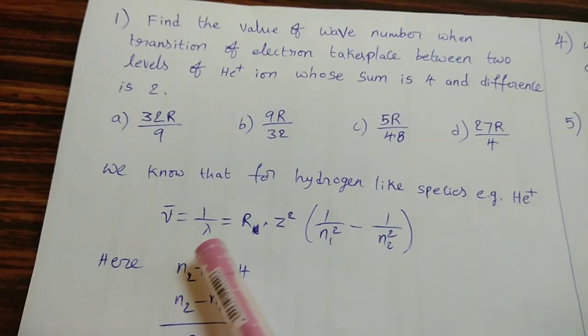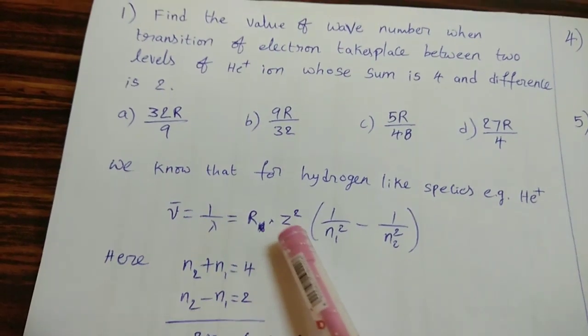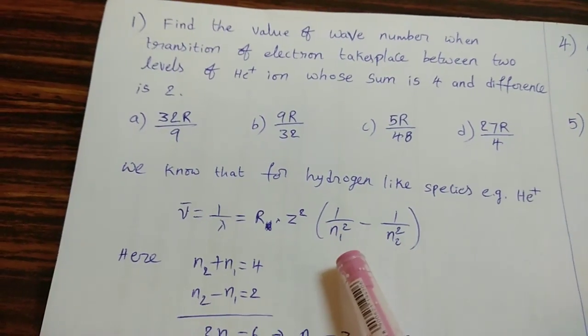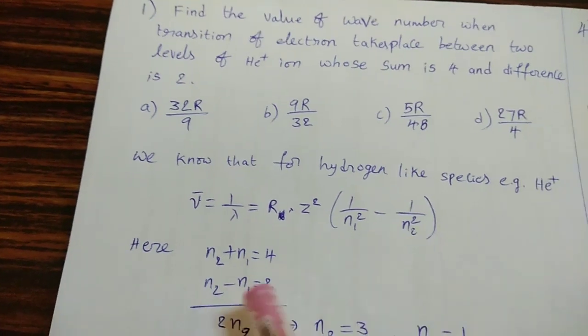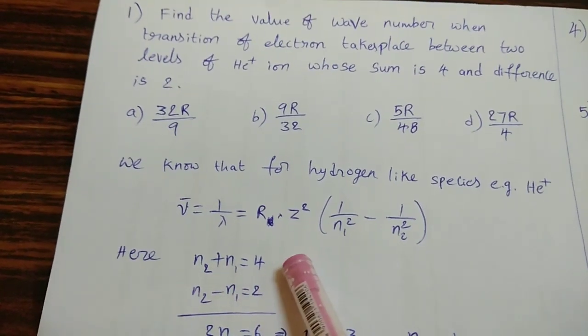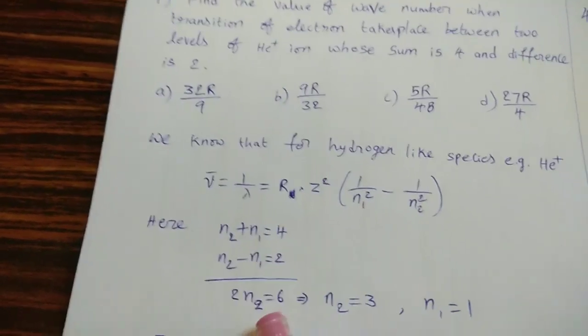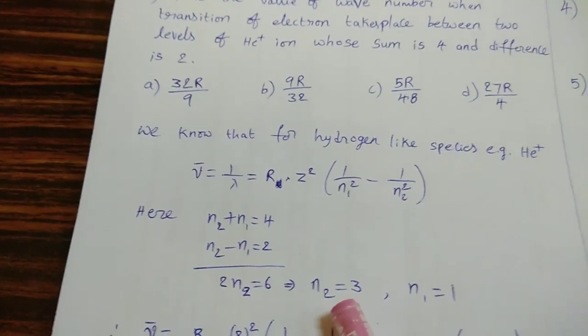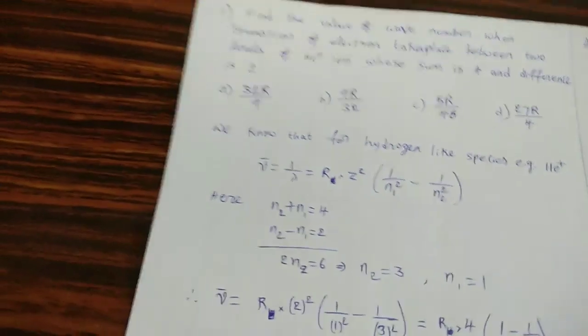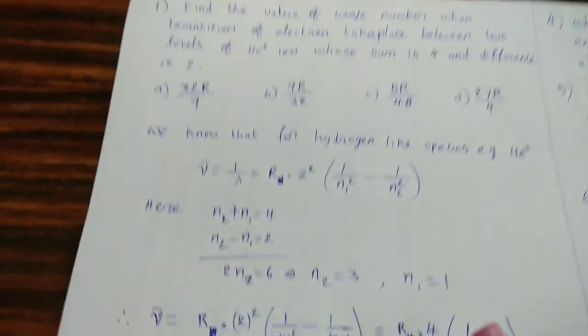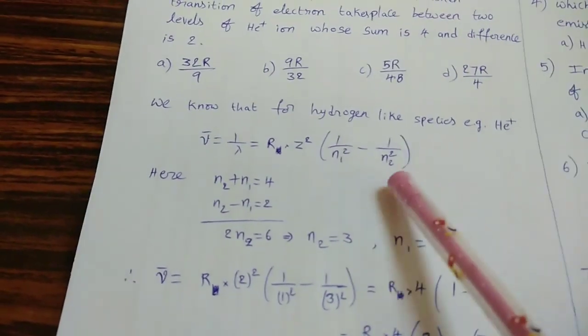Nu bar equal to 1 by lambda equal to R into Z square into 1 by N1 square minus 1 by N2 square. N2 plus N1 equal to 4. Sum of the energy levels is 4. Difference is 2. From this we can get N2 value 3, N1 value 1. Substitute in this equation.